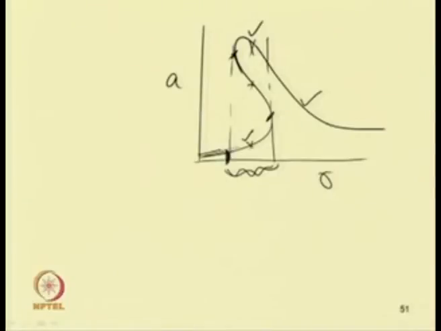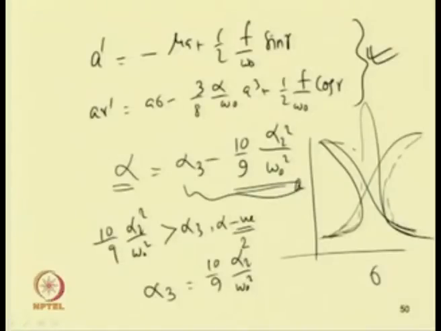Now we have studied the effect of cubic and quadratic nonlinearity, that is, if alpha 3 is greater than 10 by 9 alpha 2 square by omega 0 square, the system will show hardening type of effect.